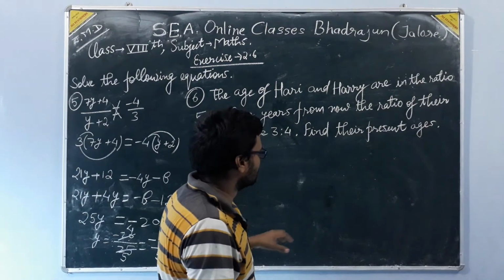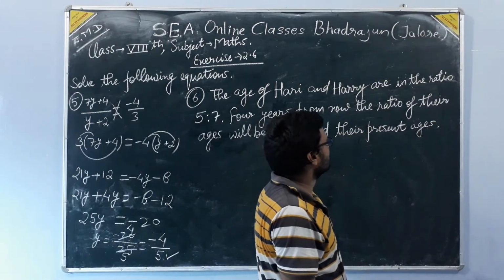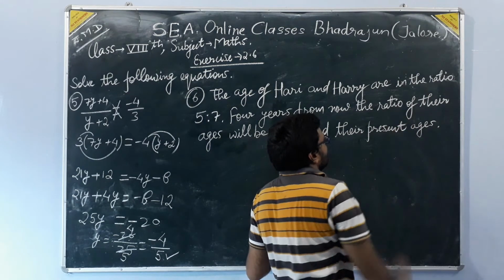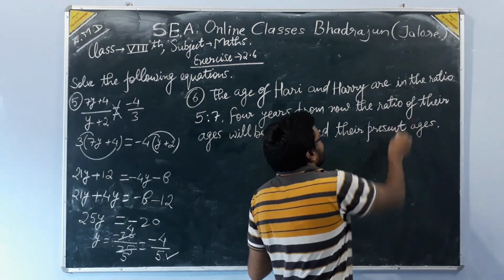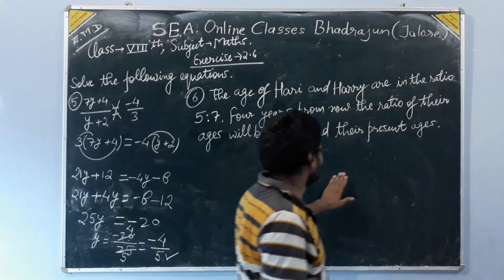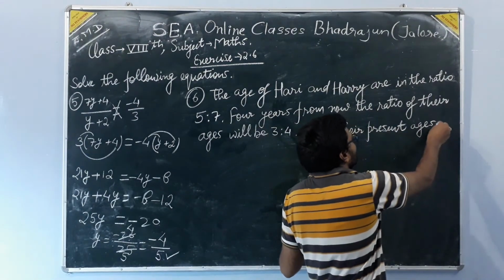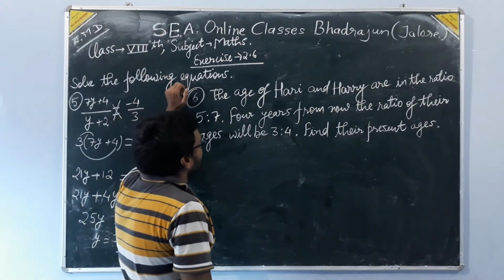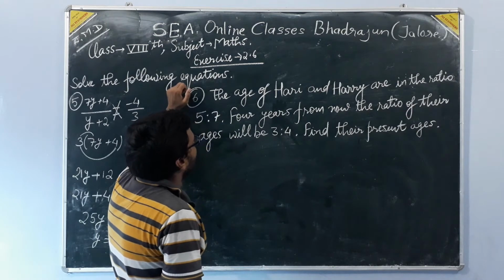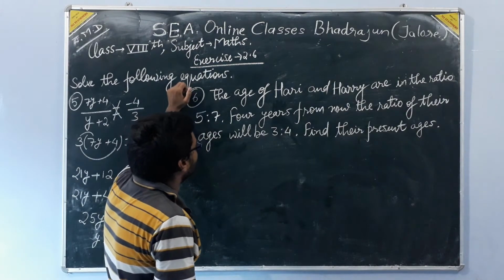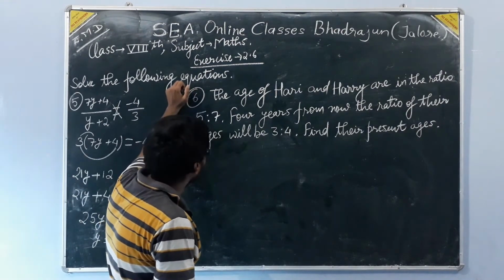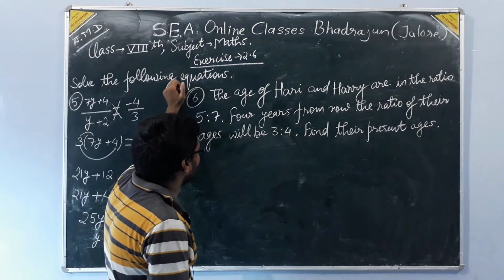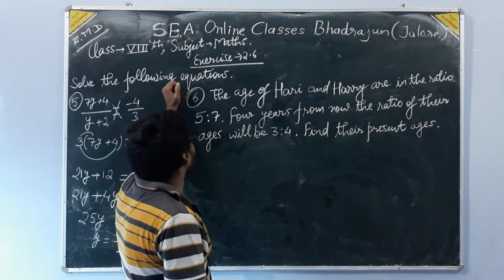Find their present ages. Present ages find out करनी है ना. जो present ages हैं उनकी वो find out हमारे को करनी है. ठीक, तो अपन देखते हैं फिर कि the ages of Hari and Harry are in the ratio 5:7. 4 years from now the ratio of their ages will be 3:4. Find their present ages.